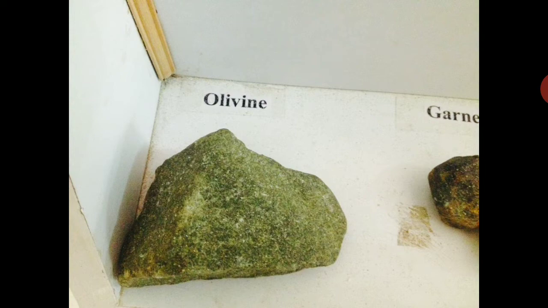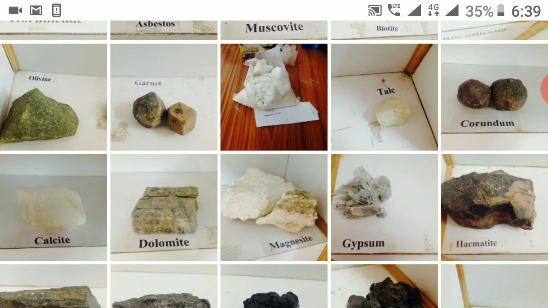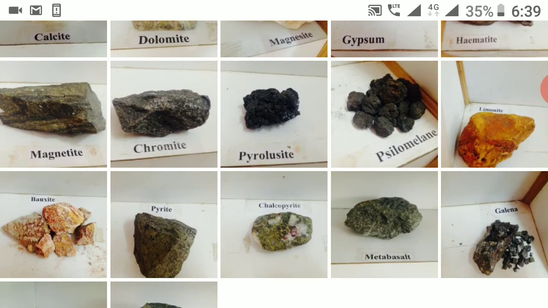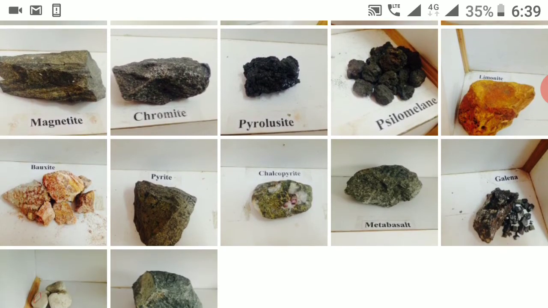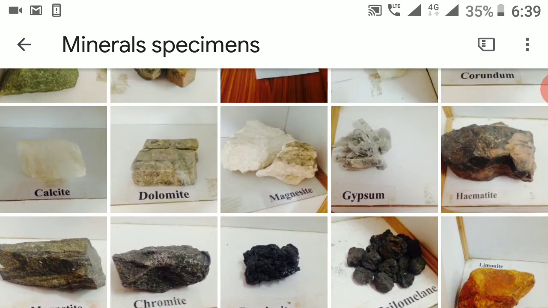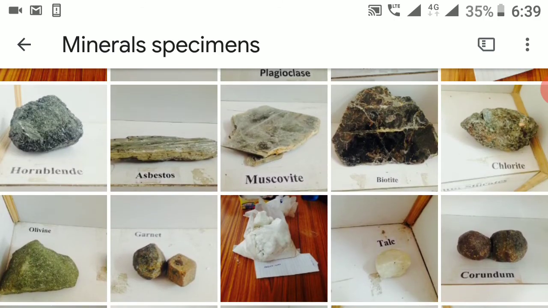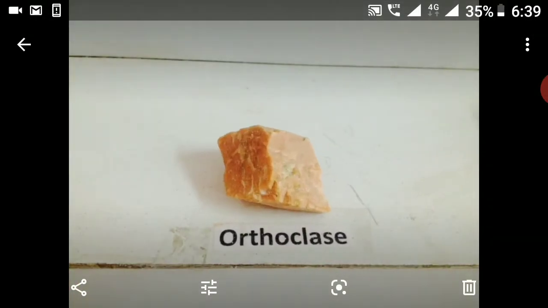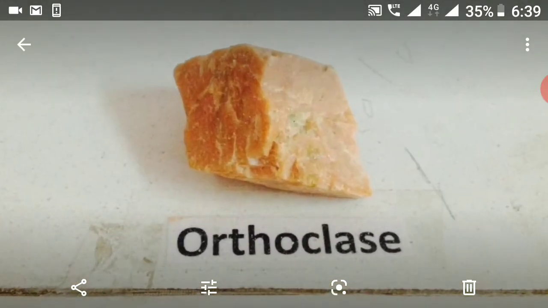Example, feldspar. Feldspar group minerals will show the tabular form. Orthoclase, plagioclase and microcline are the three minerals that come under the feldspar group. This is orthoclase, the best example for tabular.